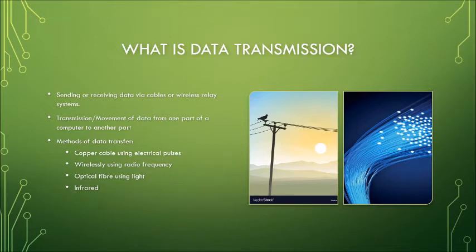In my simplified words, it's the movement of data from one part of a computer to another part, in the context of computers actually. There are many methods of data transfer, such as copper cables, wireless radio frequencies, optical fiber shown over here, and infrareds.